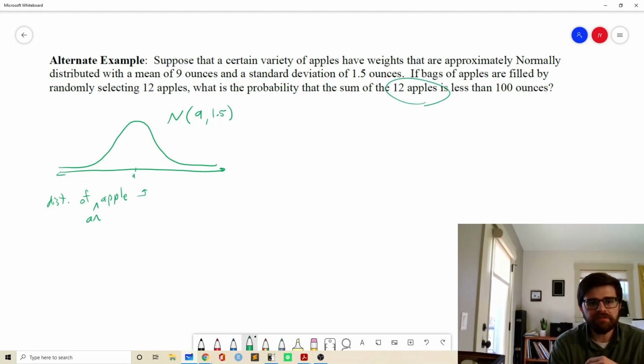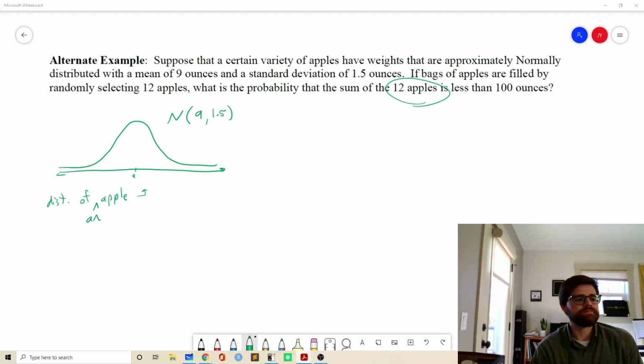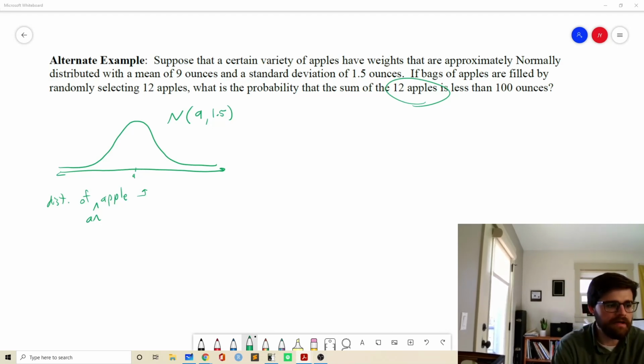But what if we wanted to take 12 apples? So we're going to call this distribution over here X. So X represents the weight of a randomly selected apple.